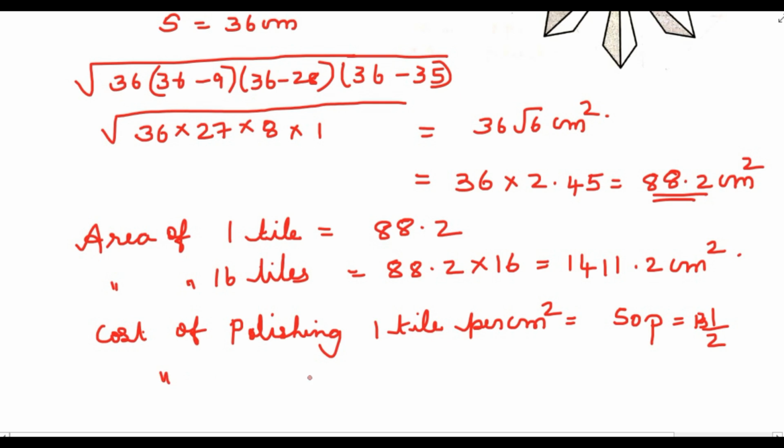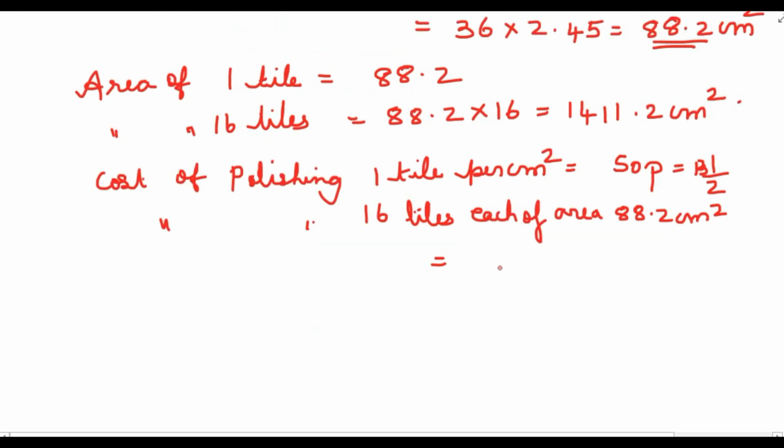So the cost of polishing 16 tiles, each of area 88.2 centimeters square, you need to multiply half into 88.2 into 16, which is 1411.2. That equals 705 rupees 60 paise.